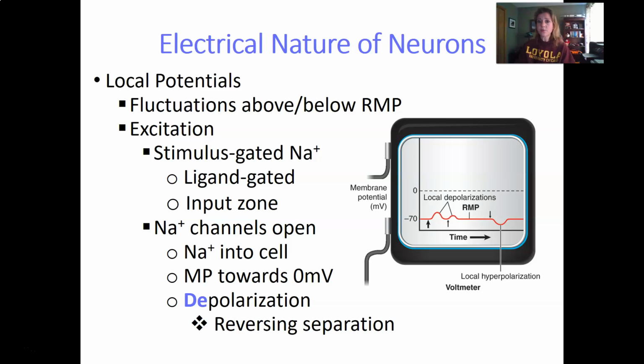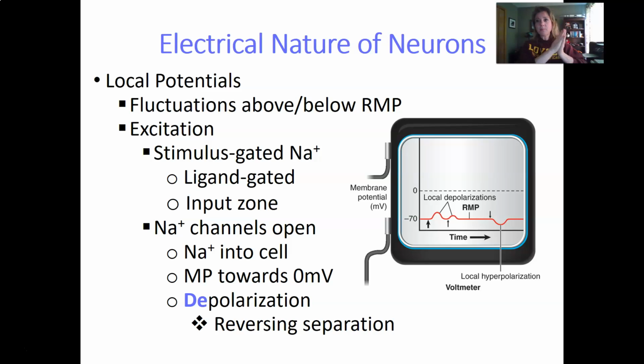So when the sodium channels open, sodium is going to flow into the cell. So now you've got an influx of positive charge coming into the cell. And that is going to make that resting potential, which was negative 70, become more positive, go a little bit more towards zero. This is called depolarization.